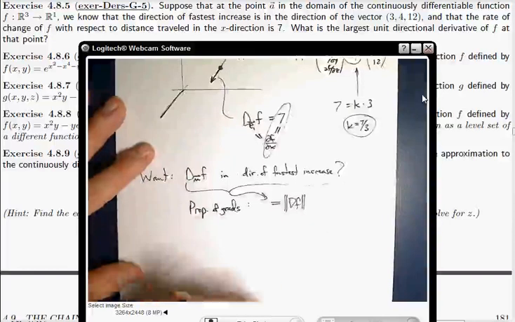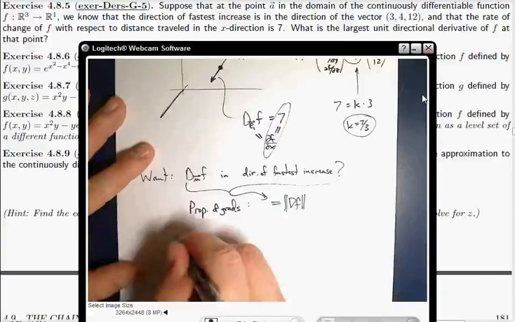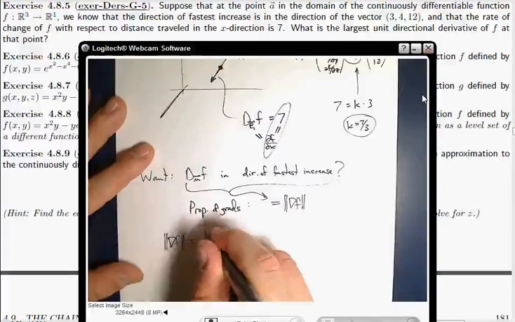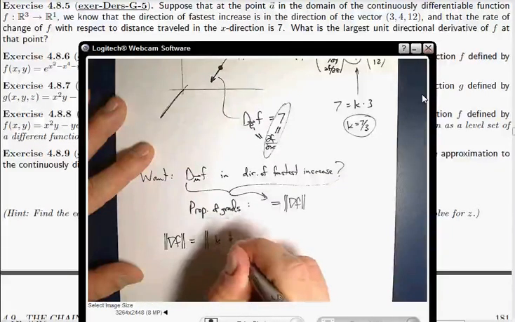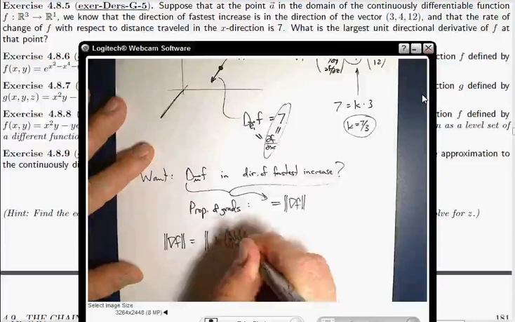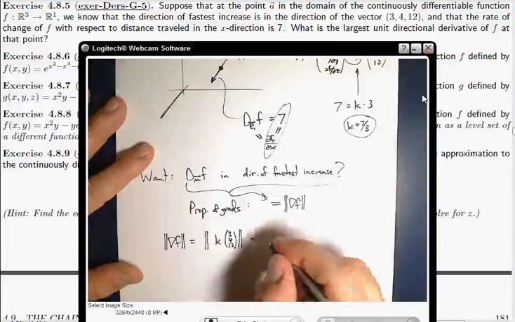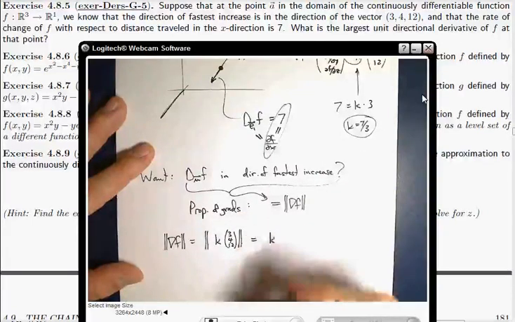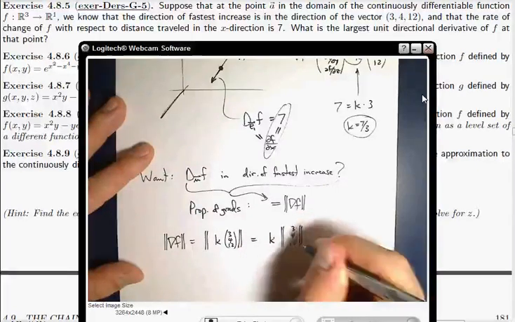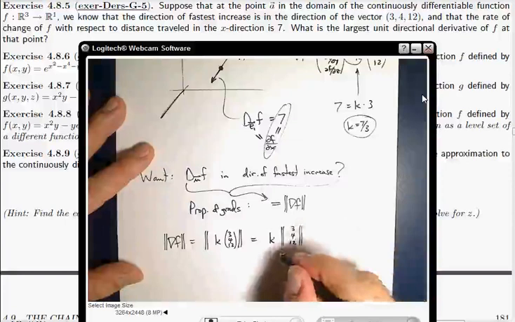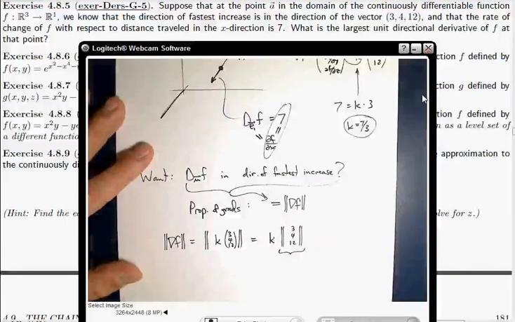The length of the gradient vector. Well, that means I'm looking for the length of k times 3, 4, 12. k is positive, so I can factor that out. I have k times the length of 3, 4, 12. You can do some arithmetic and confirm for yourself that this is 13.